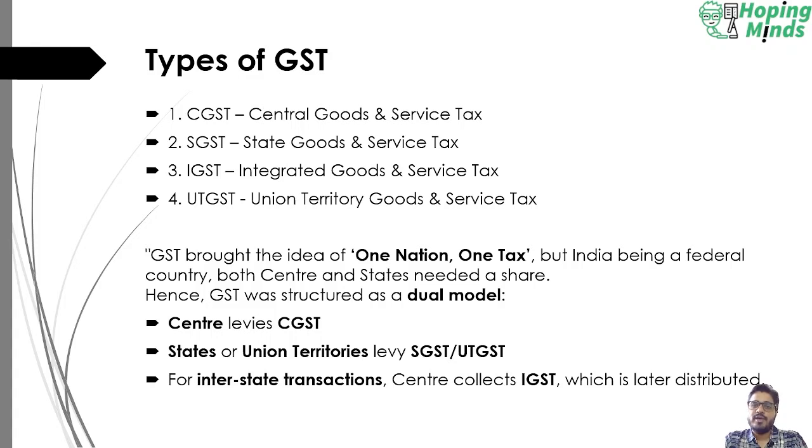Before moving ahead with the components of GST, it is imperative to understand the meaning of interstate supplies and intrastate supplies. Wherever the seller and the buyer are in different states, the transaction refers to interstate supplies. Whereas when the seller and the buyer are in the same state, it implies intrastate supplies.